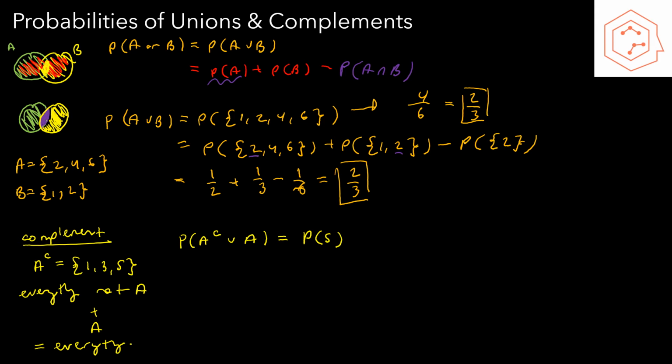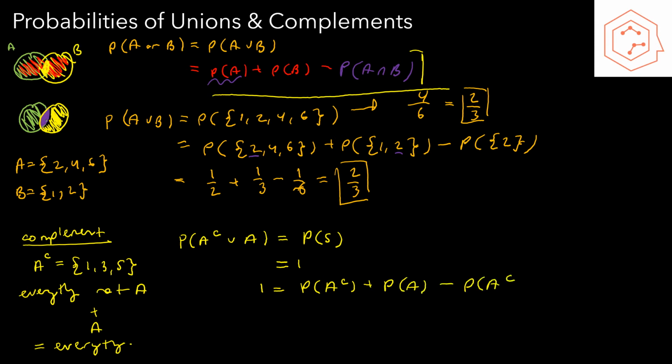So the probability of AC or A is equal to P of the sample space, which is equal to 1. So 1 is equal, if we use our expression over here, to the probability of A's complement plus the probability of A minus the probability of A's complement and A occurring.